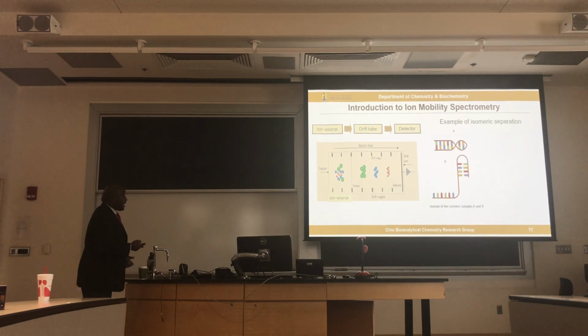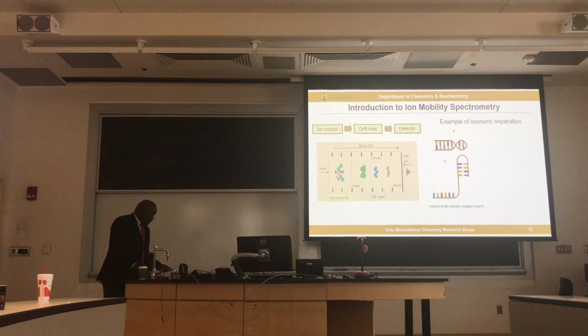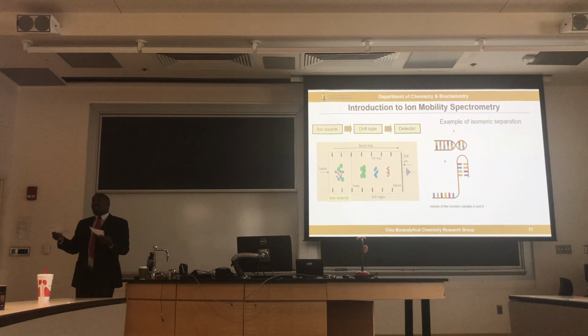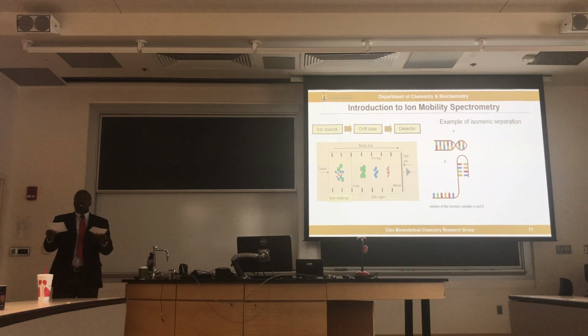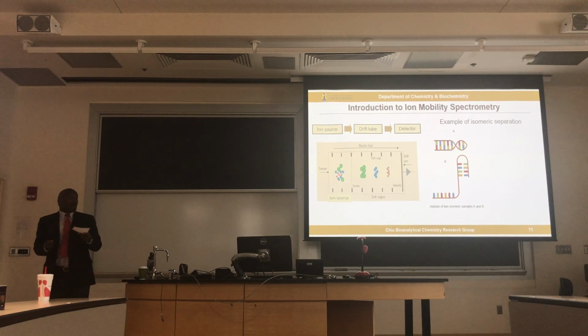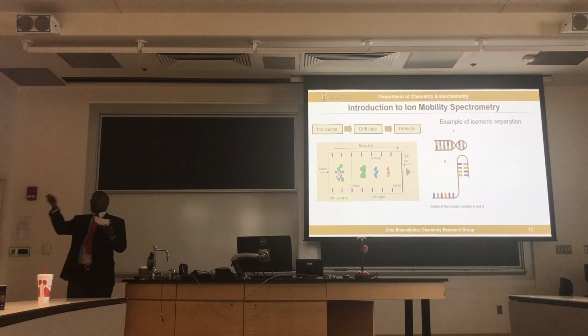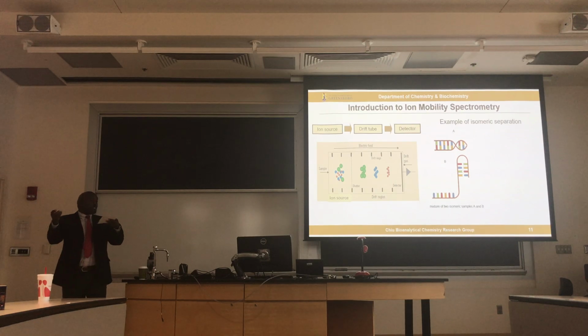Just for example, if you have these two papers, assume that they are isomeric: they have the same mass, but different structures. One is crumpled and the other is elongated, and you drop them, assuming that this is the start of the drift tube, the bottom is the detector, and in between is the buffer gas.